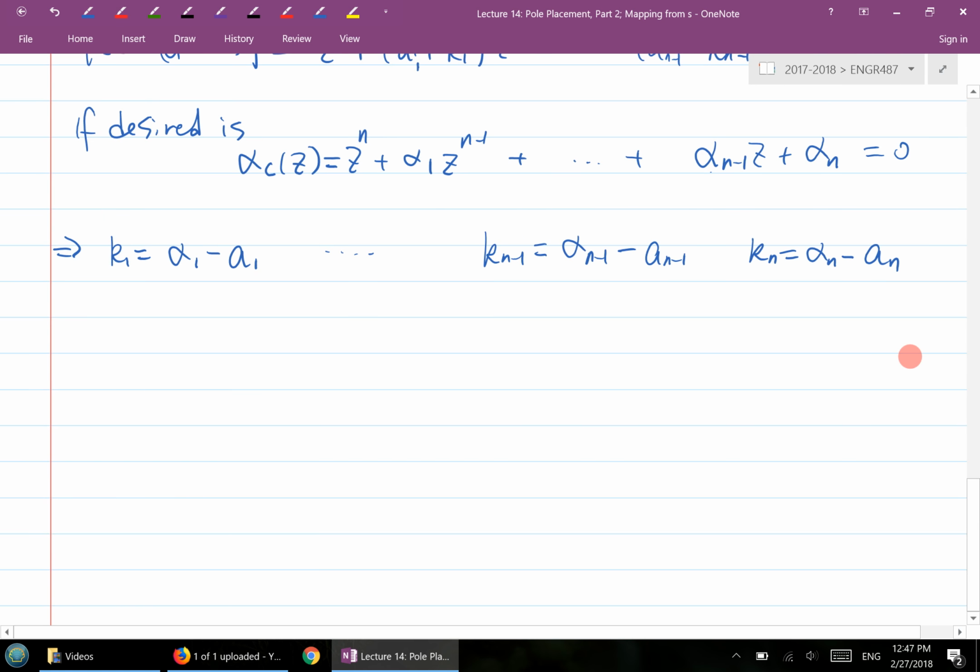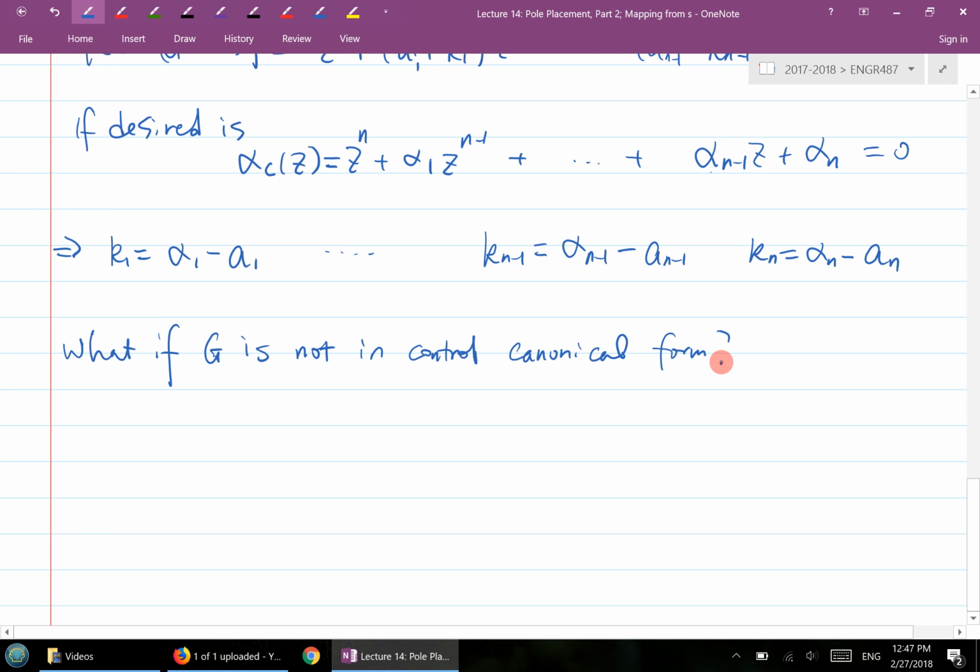But of course, the question here is that matrix G is not necessarily always written in the control canonical format. So what if this G matrix is not in the so-called control canonical form?